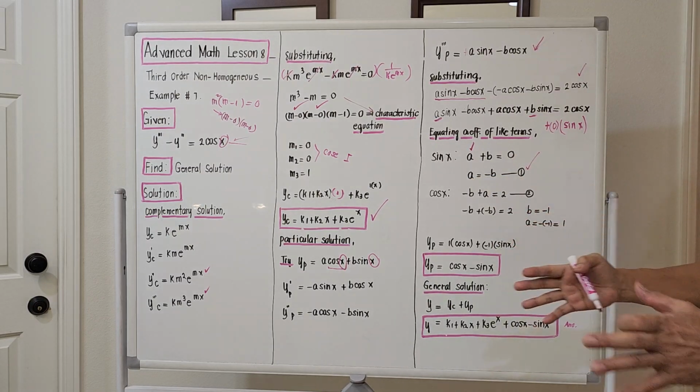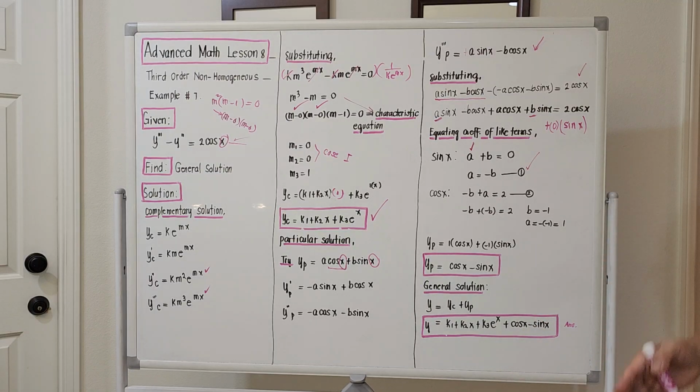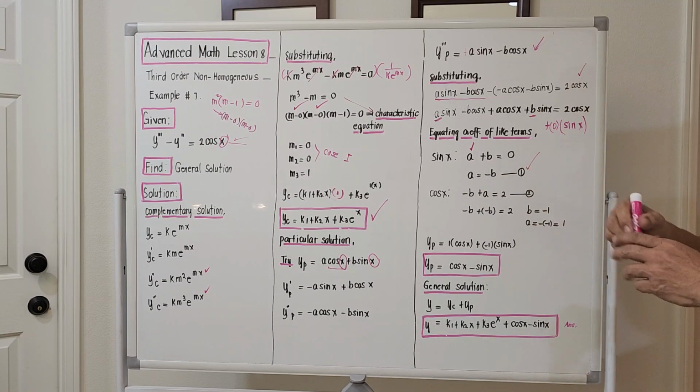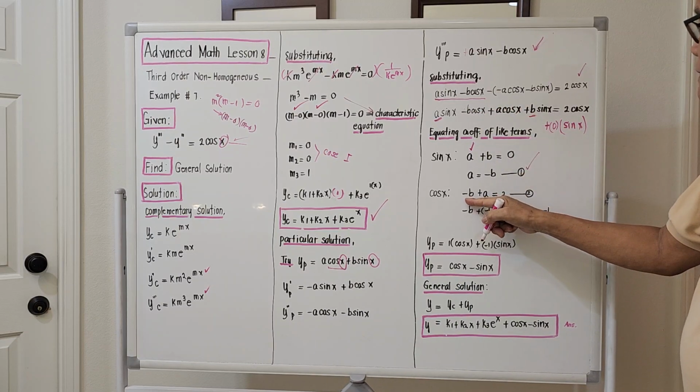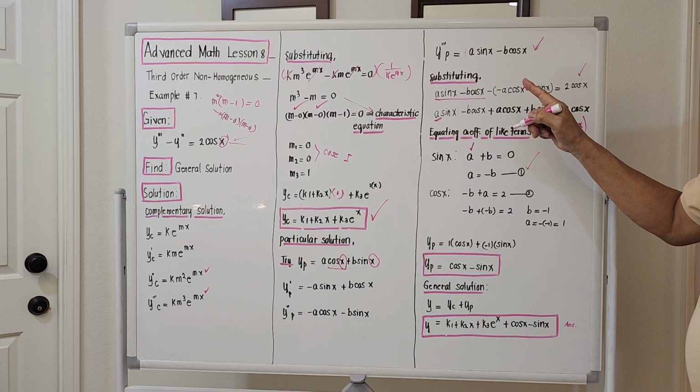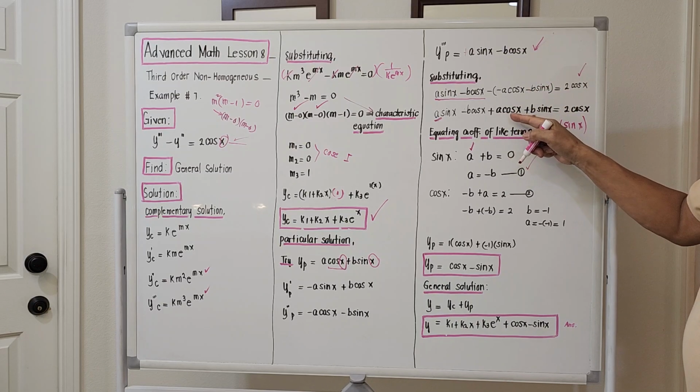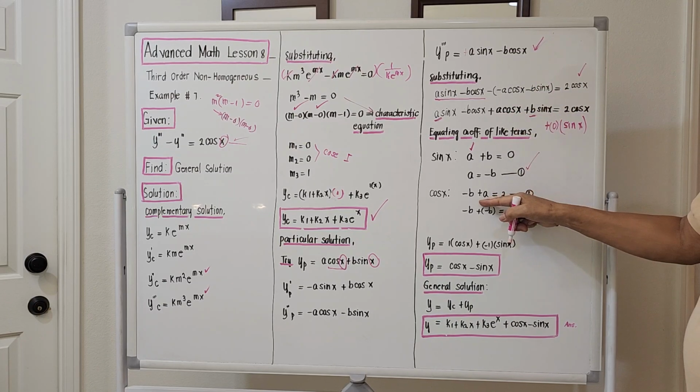This is now a part of algebra. We have formulated a linear equation that contains the unknowns a and b. Okay? For cosine of x, on the left hand side, the first coefficient is negative b. The next one is plus a.